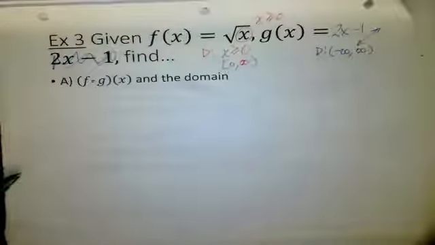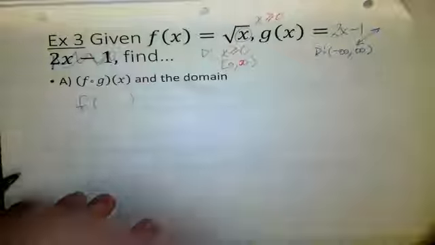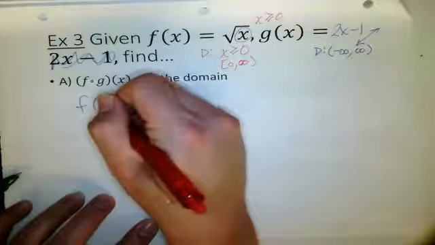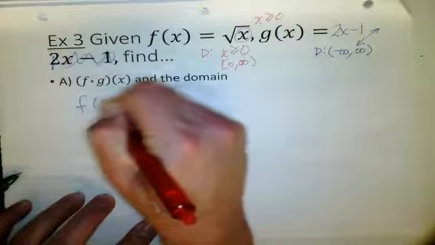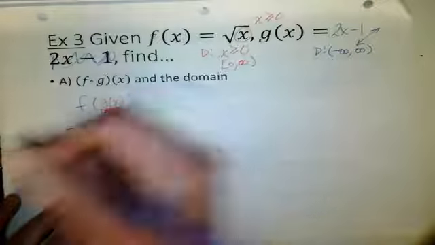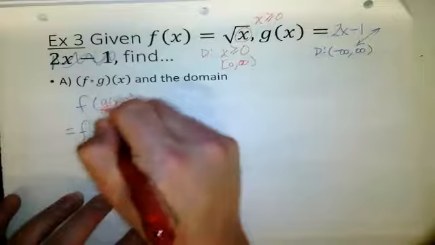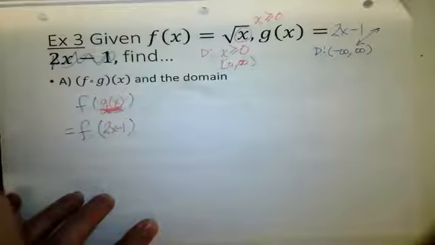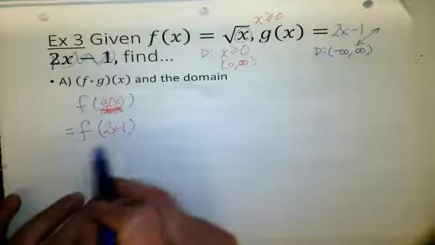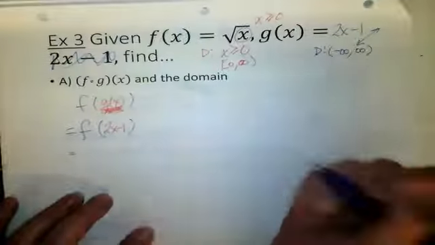Okay. We want to find f of, what's on the inside? G of x. What can I replace my g of x with? 2x minus 1. And now what is this command telling you to do? F of 2x minus 1. What does that say?